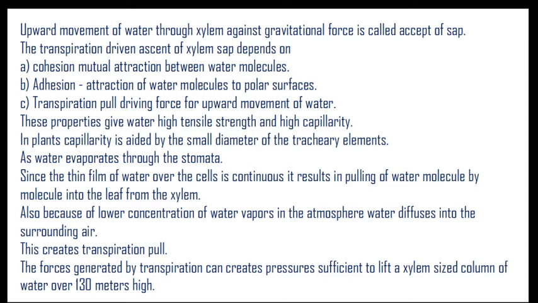That pressure is exerted on the adjacent cell. Then, because of the lower concentration of water vapors in the atmosphere, water diffuses into the surrounding air. In this way, the water vapors can be expelled out into the atmosphere.